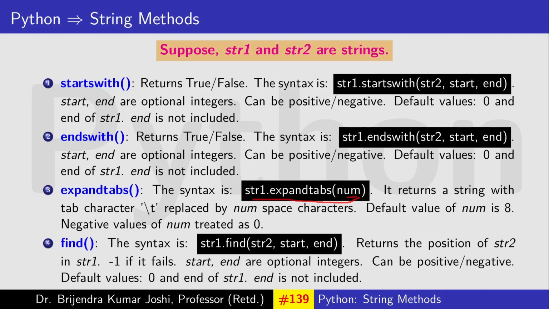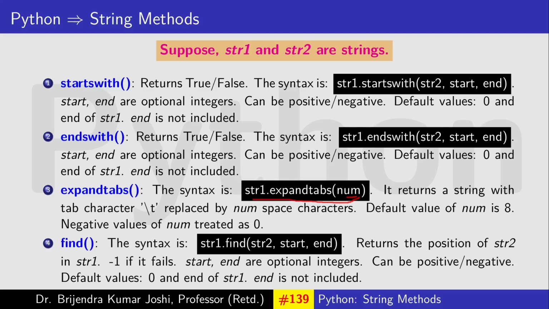And all negative values of num are treated as 0. Okay. So str1.expandtabs replaces the tab character, if it has one, by a number of spaces equal to num.